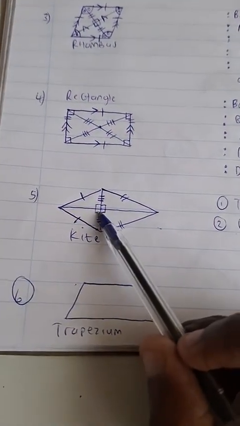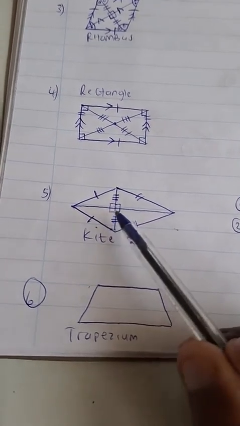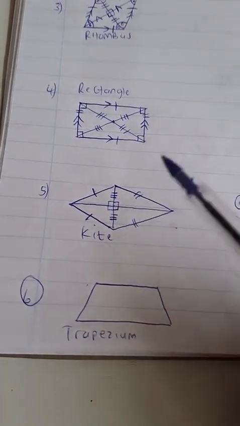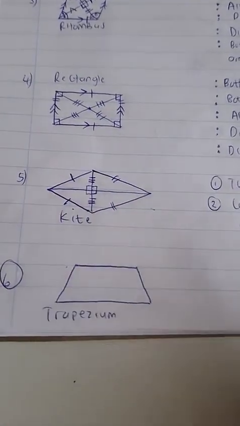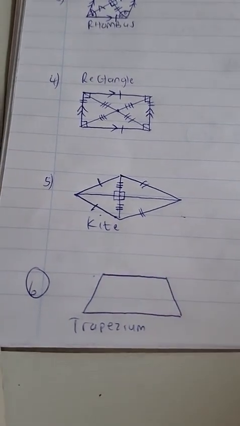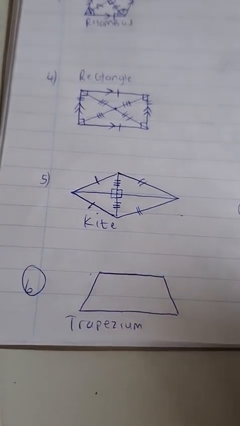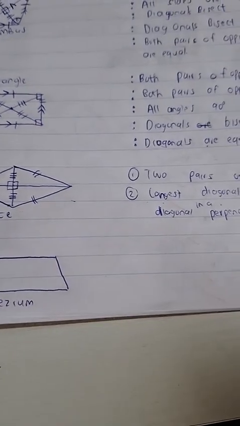We have 90 degrees here, 90 degrees, 90 degrees, 90 degrees, and all around that point, those 90s, when we add them up, give us a beautiful 360 degrees. So the long diagonal bisects the short one. Hope that is clear for everyone.